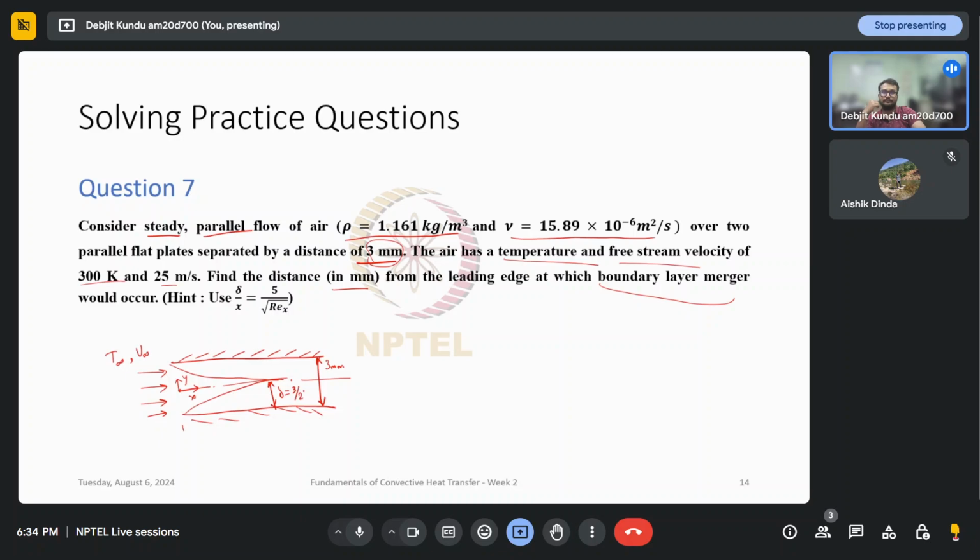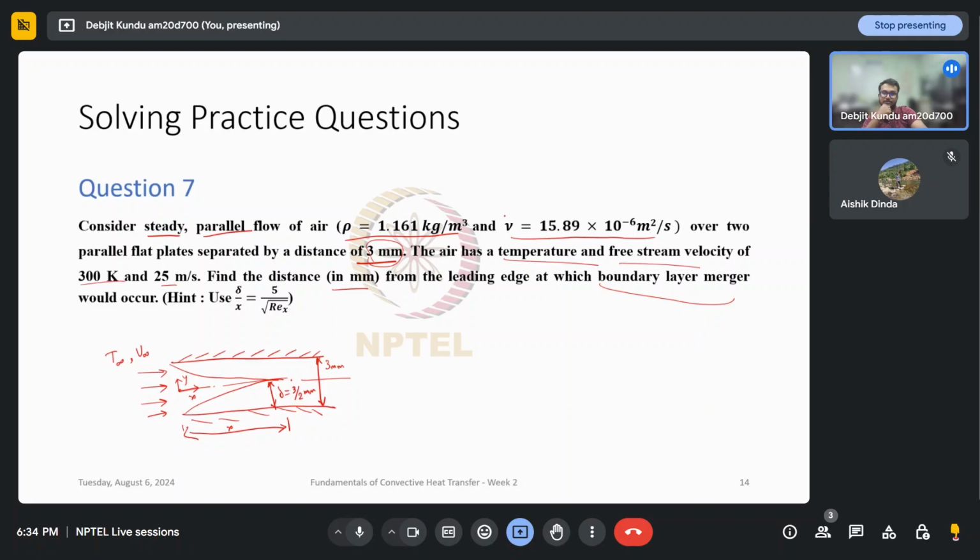So 3 by 2 millimeter should be the boundary layer thickness. Now at what distance would that occur? What would be the x where this delta becomes half the separation width, and therefore the boundary layers would merge together?